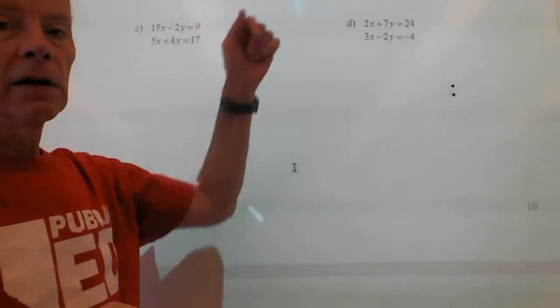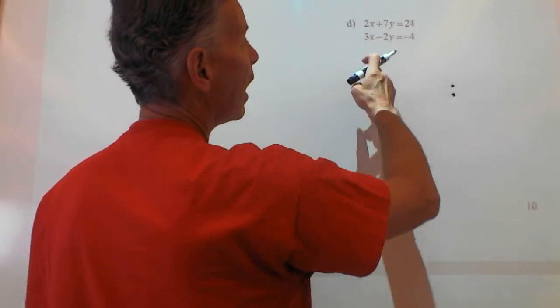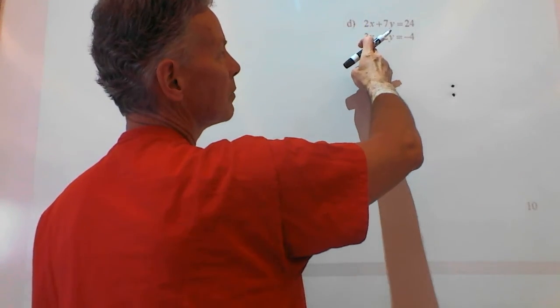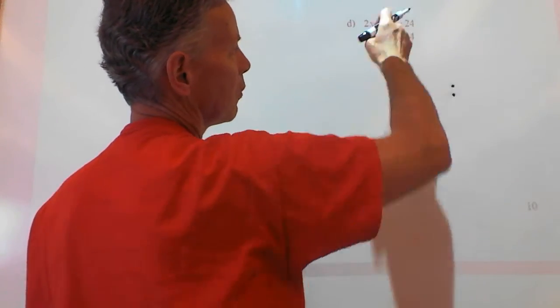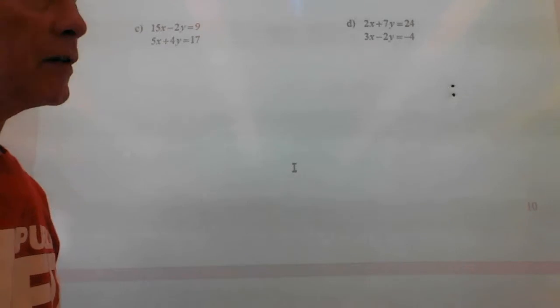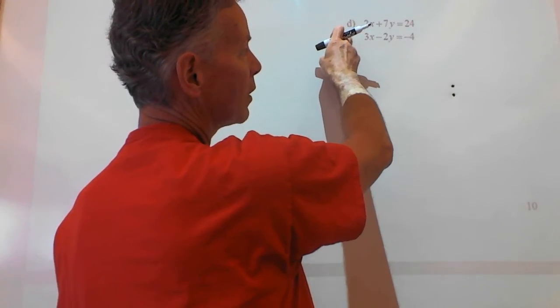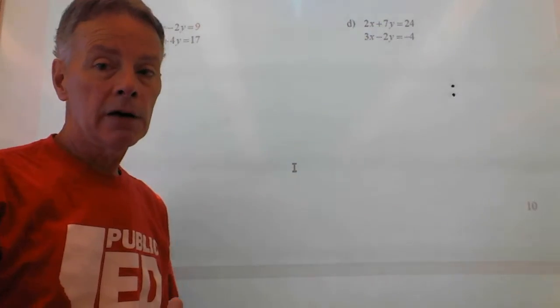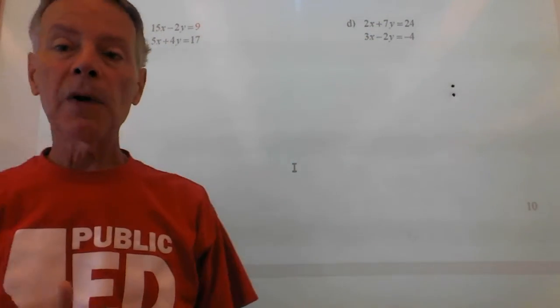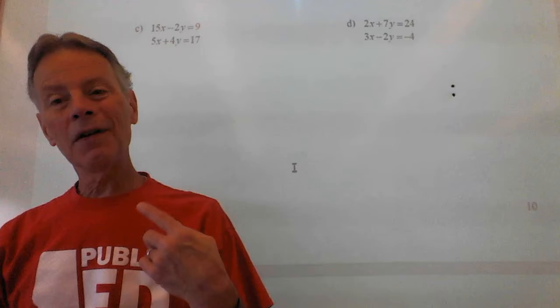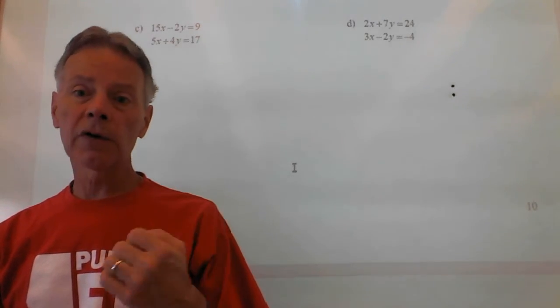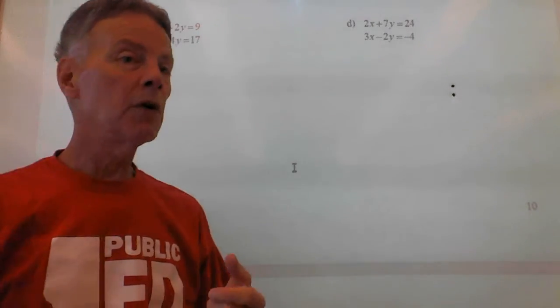If you look at D, you'll see that we can't easily multiply. First of all, we don't have the same coefficient either in front of our x's or our y's. Okay? And you can't multiply one equation to change that. In this case, you have to multiply both equations, and you're looking for the least common multiple.